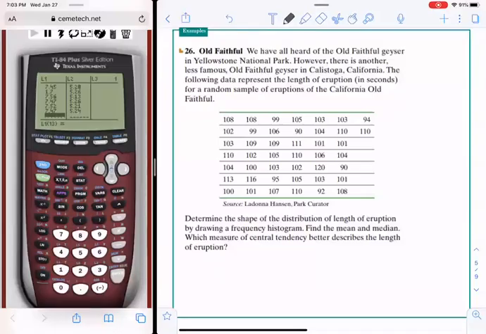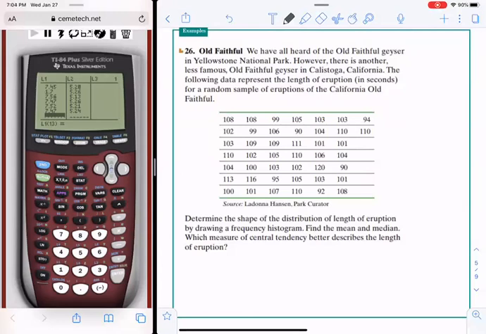So this is about Old Faithful, the geyser in Yellowstone National Park. And apparently there's another one, the California Old Faithful, and the data that we have represents the length of eruption for a random sample of eruptions. So they want us to determine the shape of the distribution.